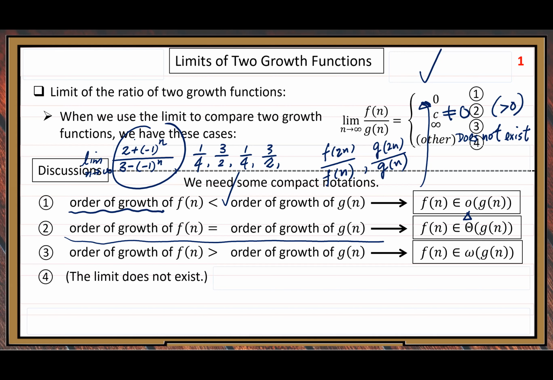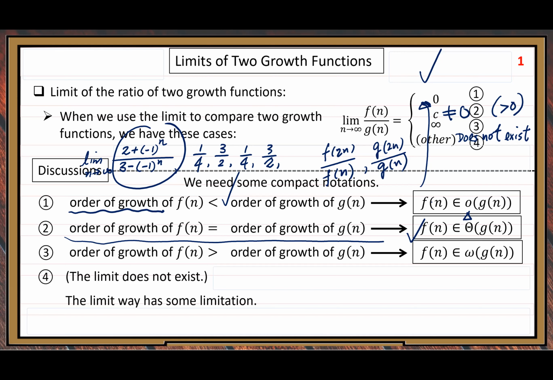But for case 2, you should be careful when you use the limit, because there is another situation, the limit does not exist. But you have this big theta notation. Later I will explain this case.